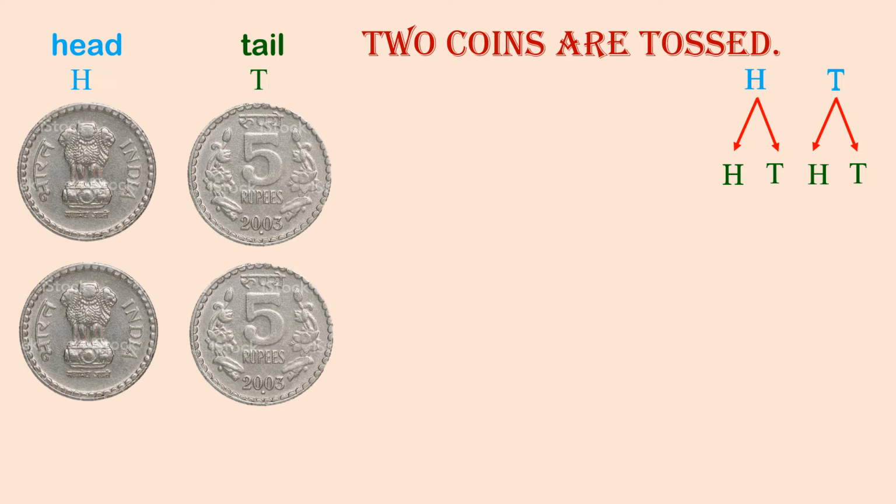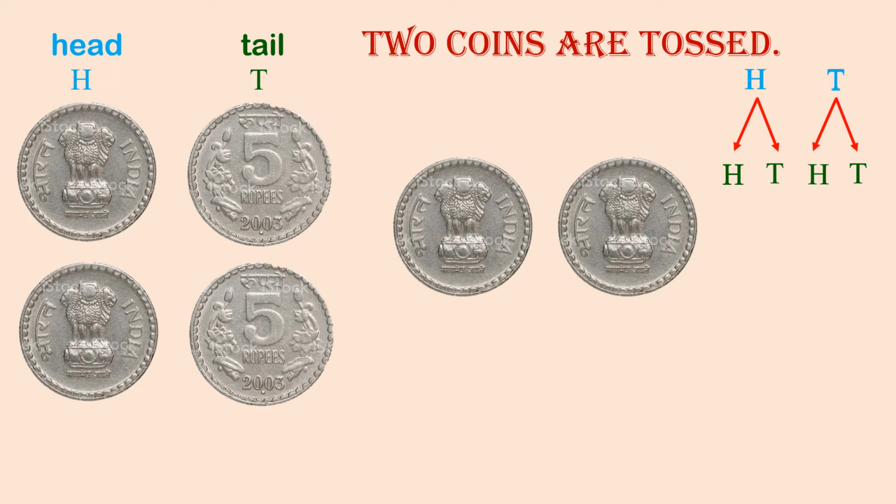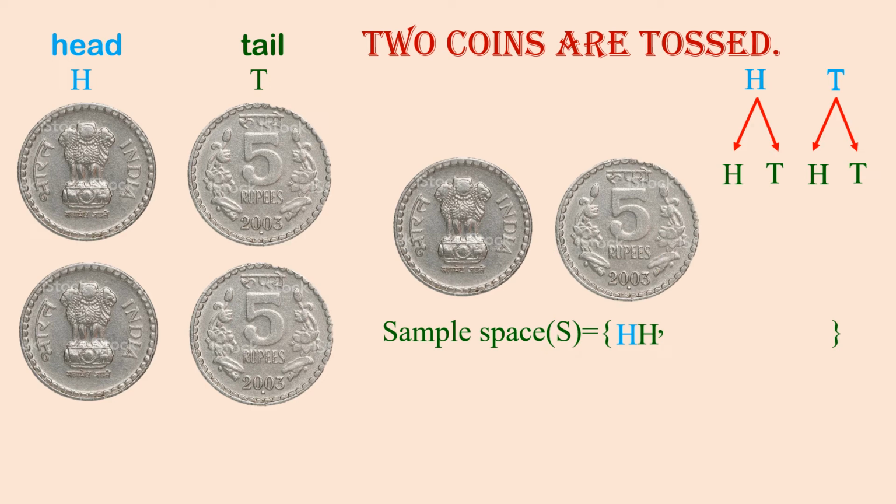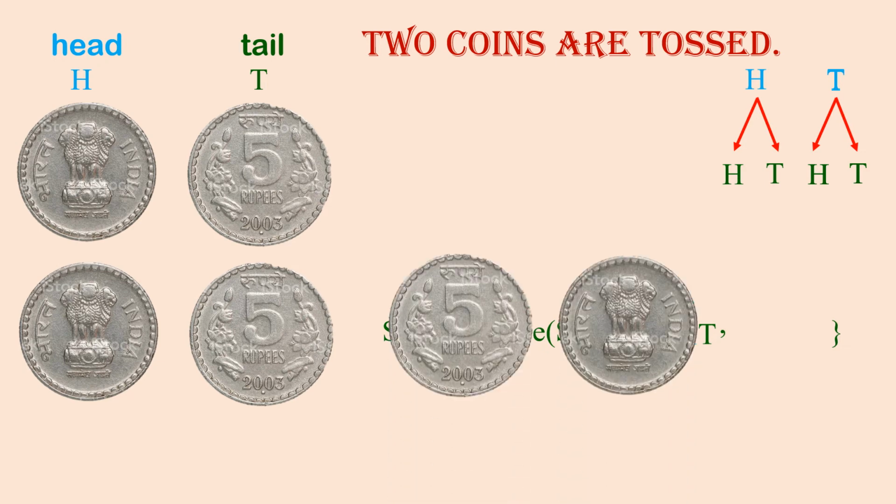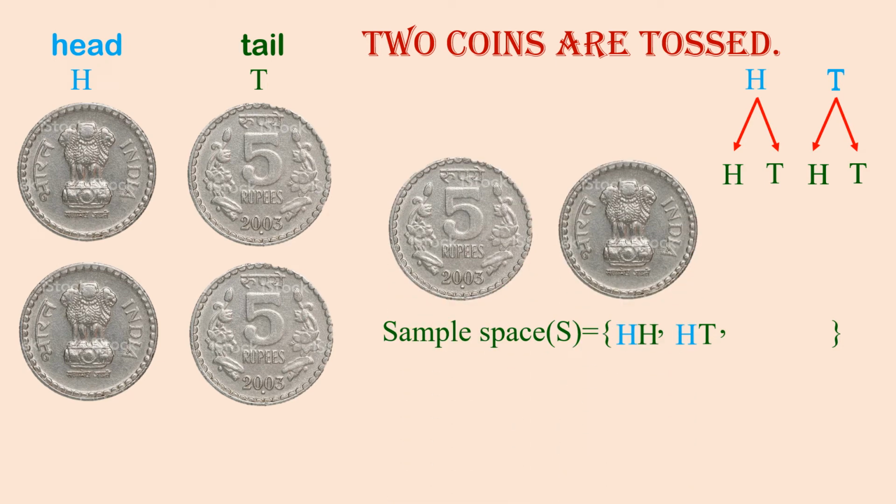The blue one is indicating the first coin and the green one is indicating the second coin. So here in the first case, you can have head or tail. So the sample space will become either head and head, where both coins show head. Second one, head and tail. Third one, you can get tail on the first coin and head on the second coin.